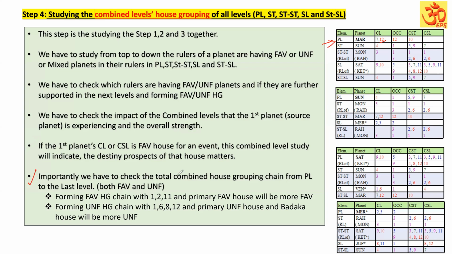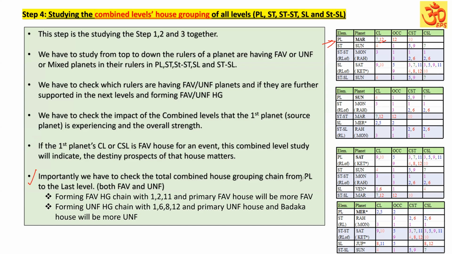Importantly, we have to check the total combined house grouping chain from the planet to the last level that we discussed. Whatever the planet is having, whether star lord or sublord, when you study all levels together, check whether they are forming very favorable or unfavorable house grouping, because many times there will be mixed significations. We have to check whether the favorable ones are further supported at the next level with the grouping of houses, or the unfavorable ones are supported.